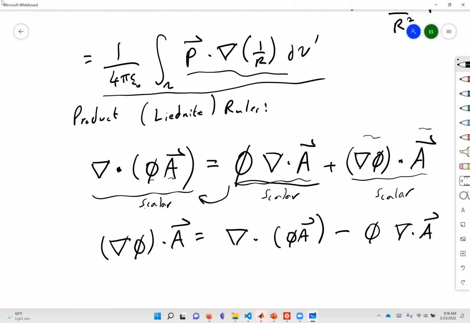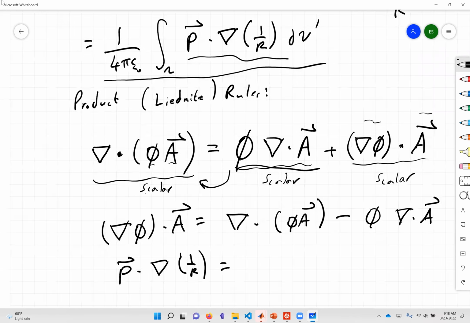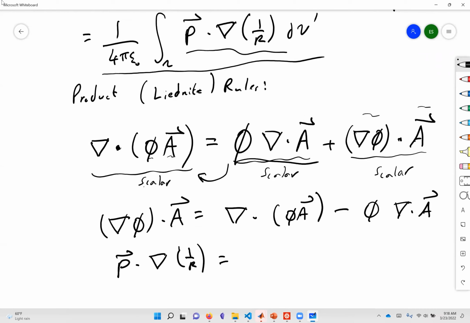So now P dot gradient 1 over R equals what? The scalar field is 1 over R. The vector field is P. So this equals the divergence of the scalar field 1 over R times the vector field P, minus the scalar field 1 over R times the divergence.